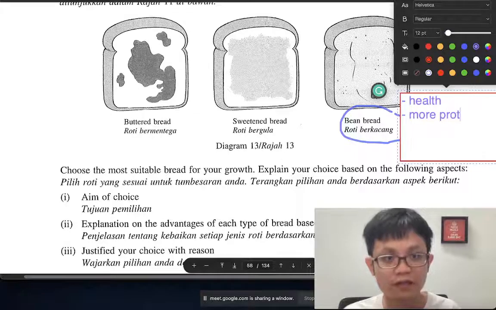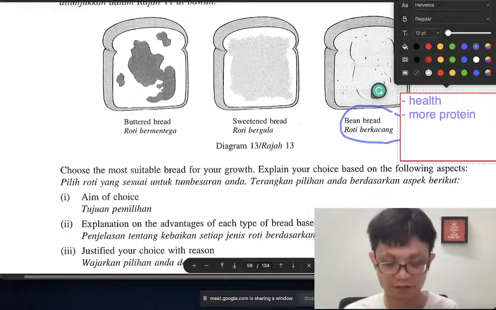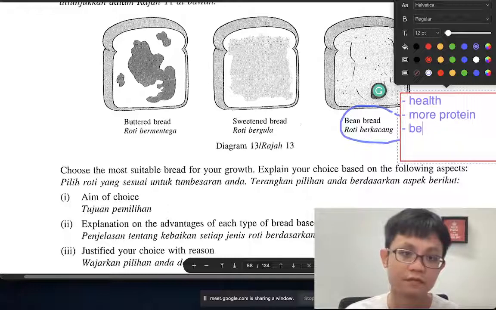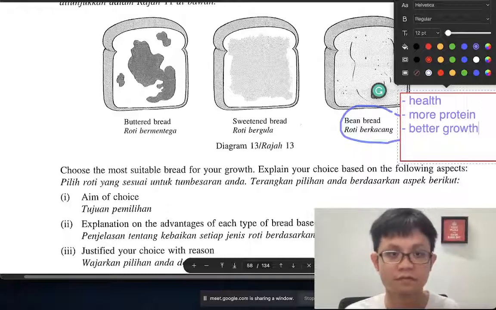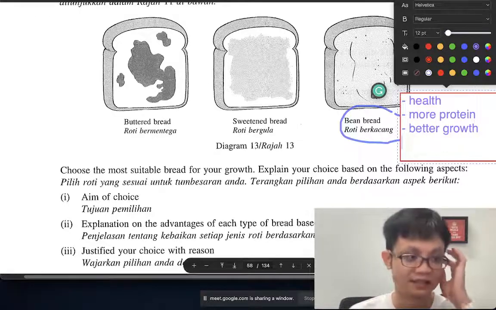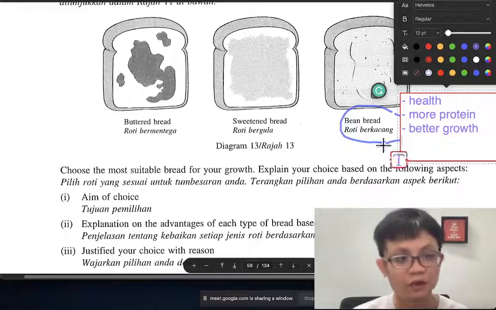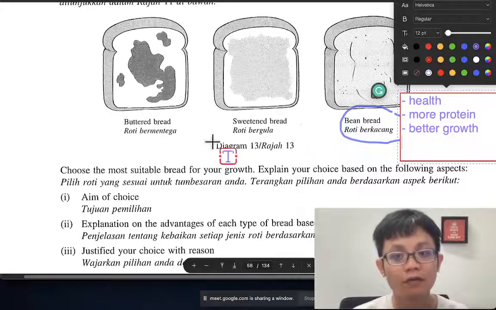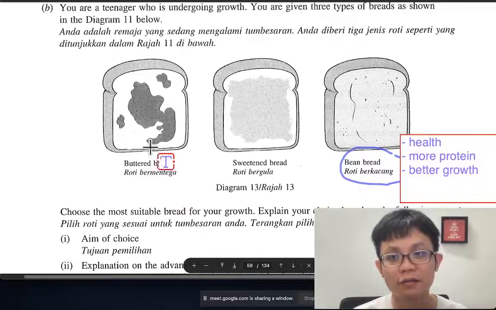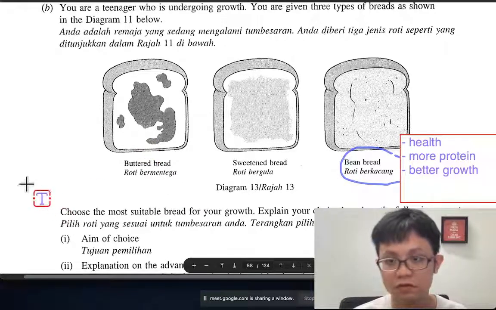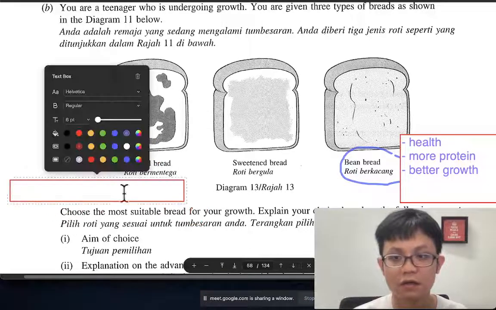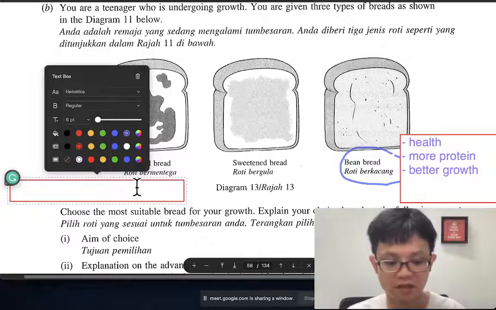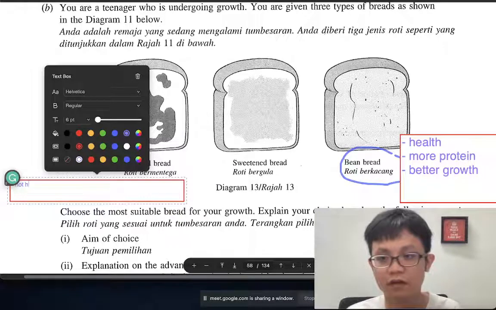And what can protein do? Protein can help us to grow. Okay, better growth, muscle, and so on. Your body, new cells. How about butter bread? Not that healthy.